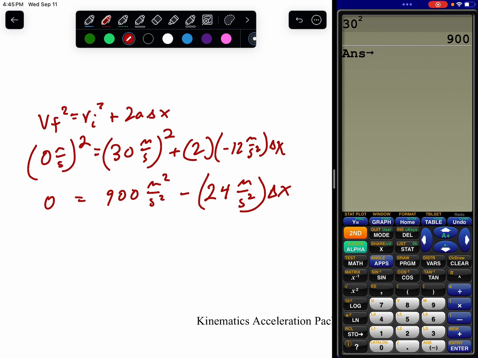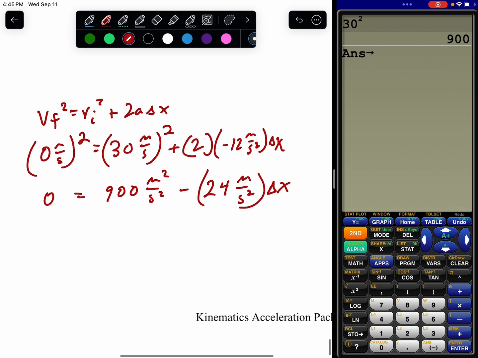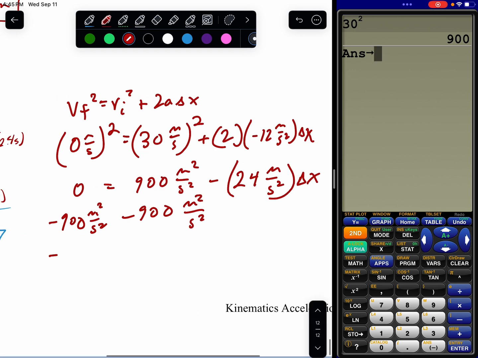Okay, we cannot do 900 minus 24. Don't make that mistake. Take a look, we also have incorrect units there. So we're going to subtract 900 from both sides. And we're left with negative 900 meters squared per second squared is equal to negative 24 meters per second squared times delta x.